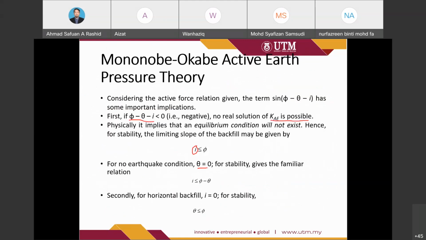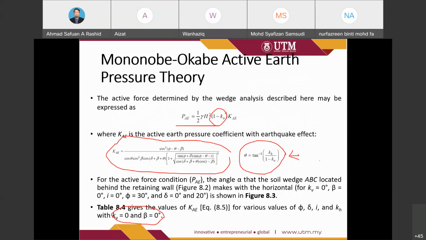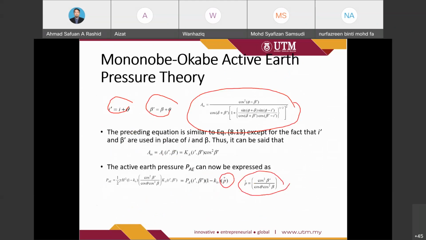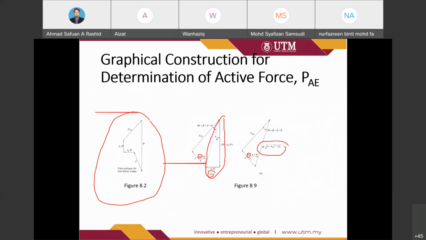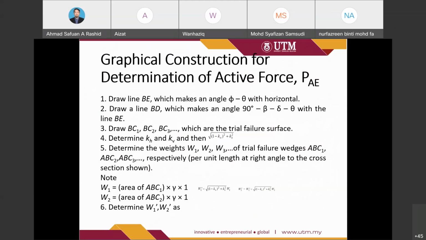This is the theta. Second, draw a line BD, which makes an angle of 90 minus beta minus delta minus theta with the line BE. Firstly, we need to draw this problem on graph paper or grid paper, because we need to use the scale.